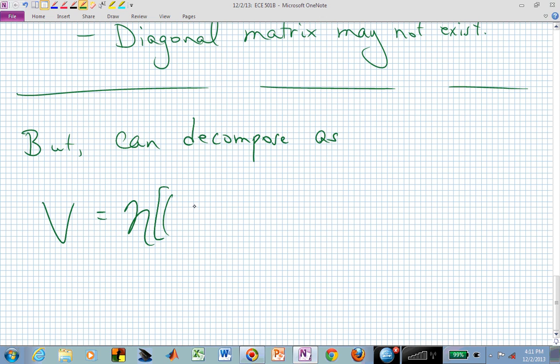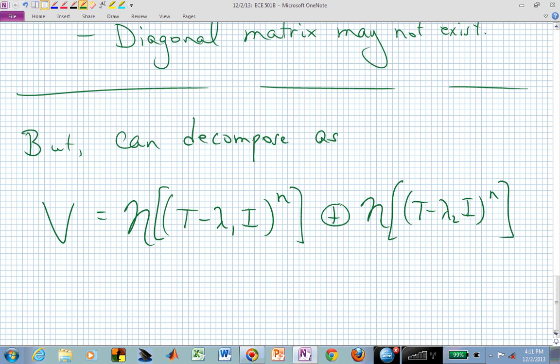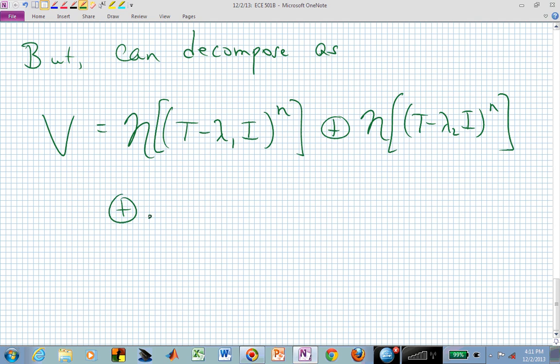We can build up this vector space V as the null space of, now maybe I better put in another parenthesis, T minus lambda, let's say lambda sub 1 I, raised to the nth power, the null space of that, plus the null space of T minus lambda sub 2 I to the n, plus, and so on.